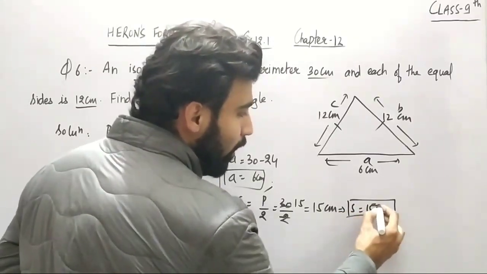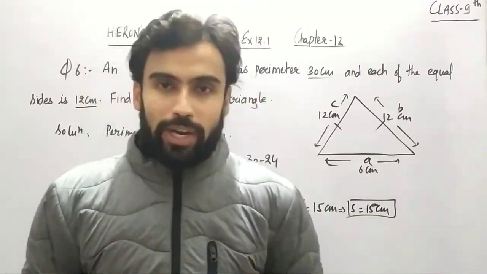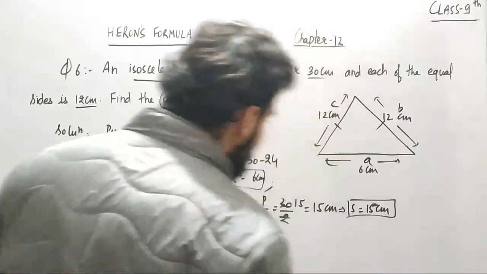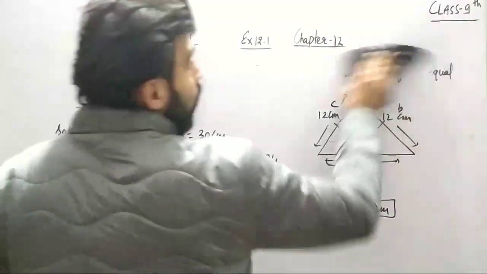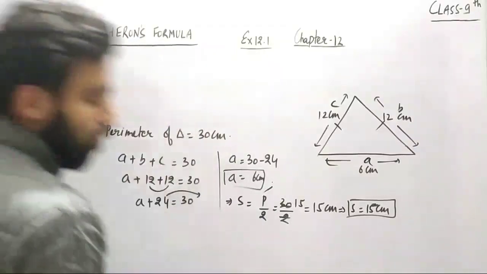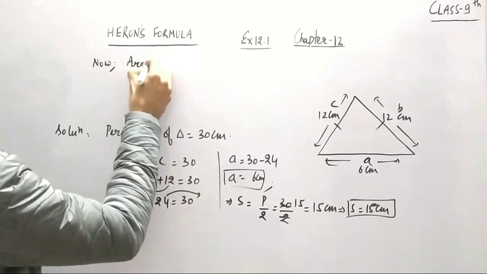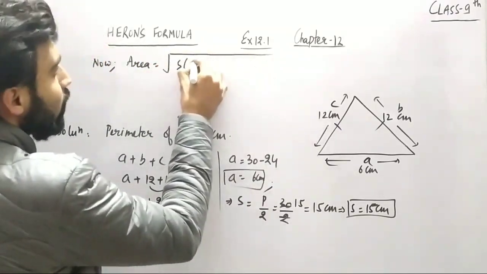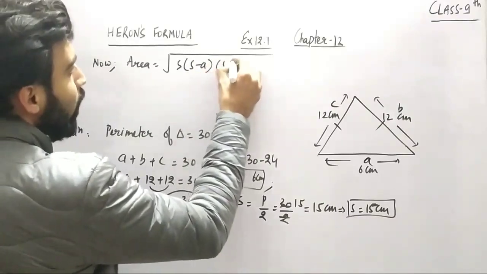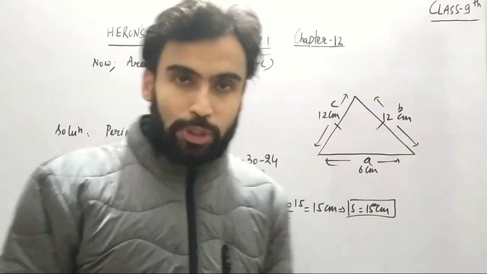That is the semi-perimeter, right? Now what you have to do is simply apply Heron's formula, right? So let me just make some space first. So you can see now, we know that the area by Heron's formula is the square root of S into S minus A, S minus B, S minus C, right? Now what you have to do is simply substitute the values here.